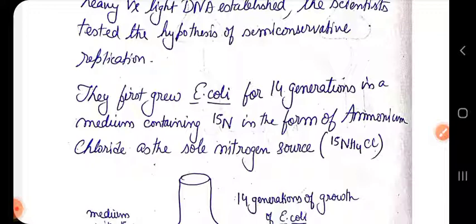Then they isolate the DNA from the bacterial culture, mix the tubes, and add the cesium chloride, whose density is quite similar to the DNA, and then they are subjected to high density centrifugation at 140,000 times gravity for 20 hours.